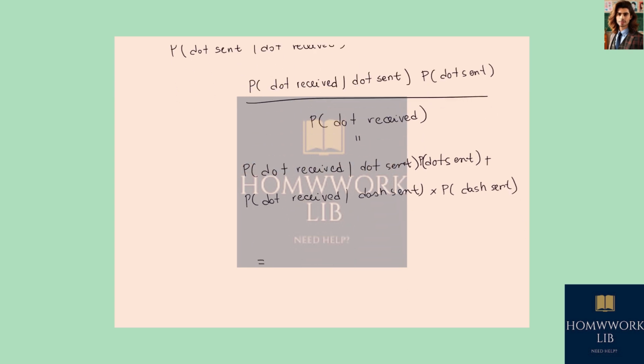In the numerator, we have 7 over 8 times 3 over 7. In the denominator, we have the same term, because they said that the probability of getting a dash when a dot was sent, and vice versa, is 1 over 8.